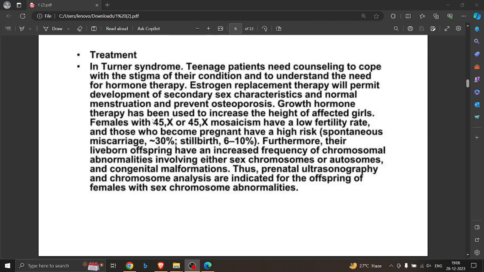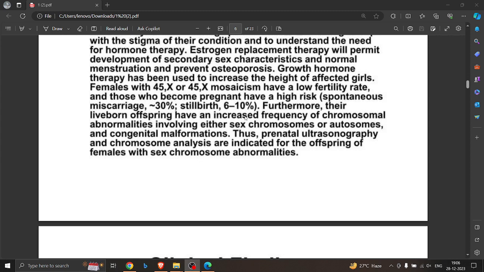In females, menstruation problems and osteoporosis can be avoided by estrogen replacement hormonal treatment. Growth hormone therapy has been used to increase the height of affected girls, who might be short or dwarfed in this syndrome.